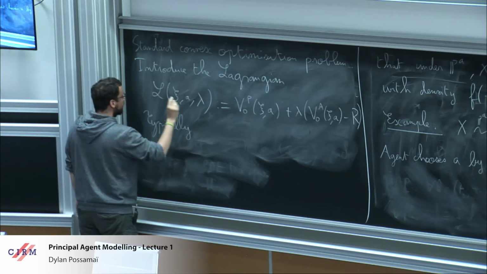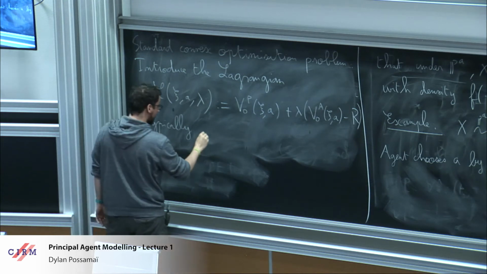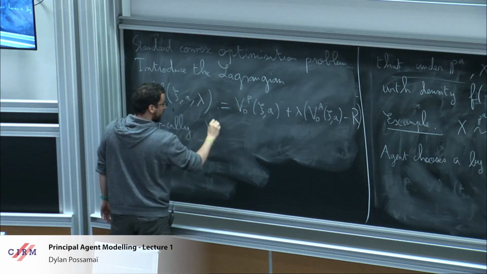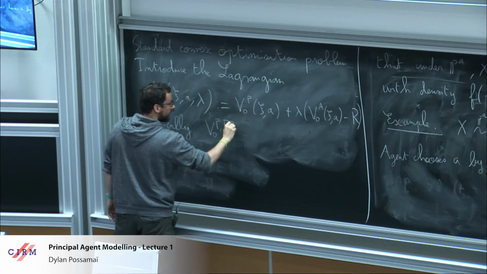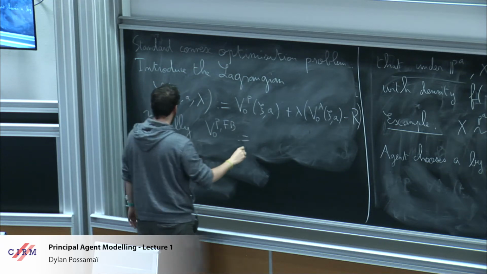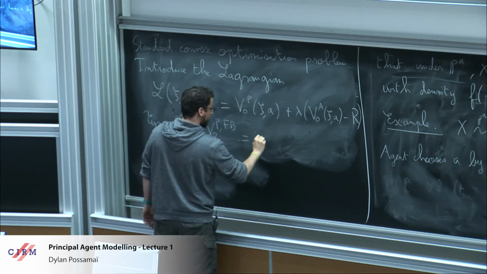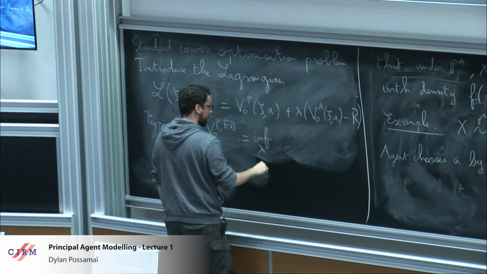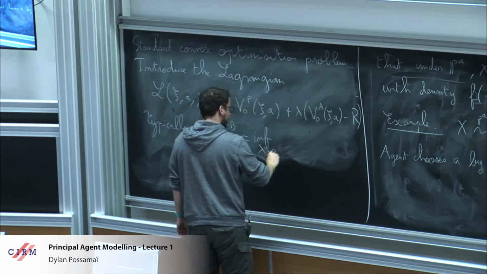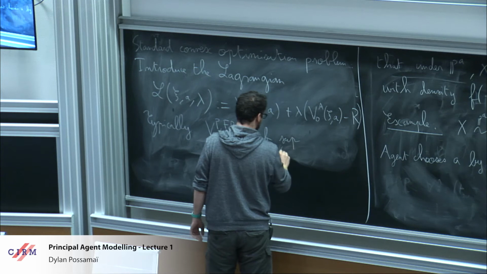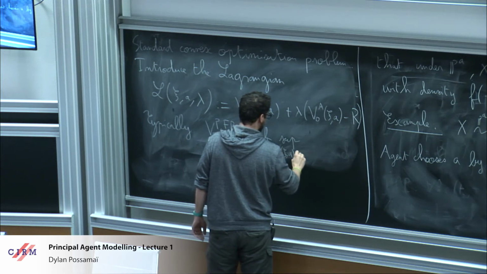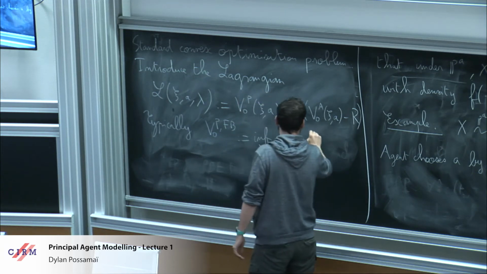So typically you would have that V0P FB is just the inf over the Lagrange multipliers of the sup here of M.